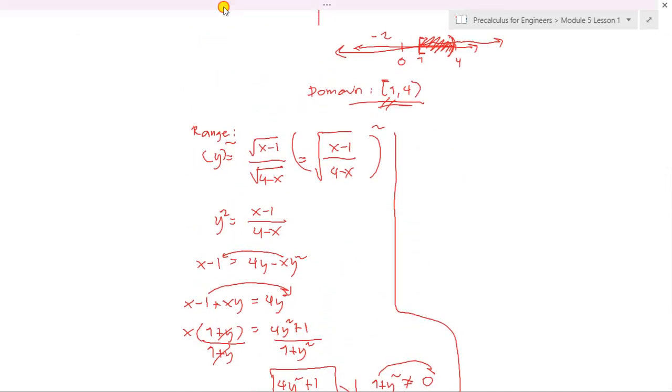Okay, and the best way to know the range is to base it on the interval of the domain.